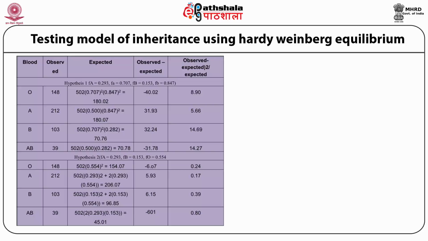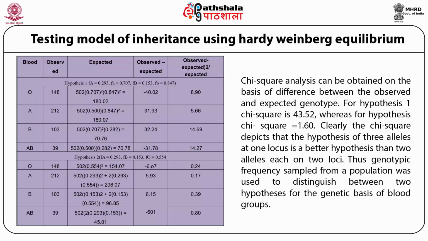You can see the chi-square analysis obtained on the basis of the difference between the observed and expected genotypes in this table. For hypothesis 1, chi-square is 43.52, whereas for hypothesis 2, chi-square is 1.6.